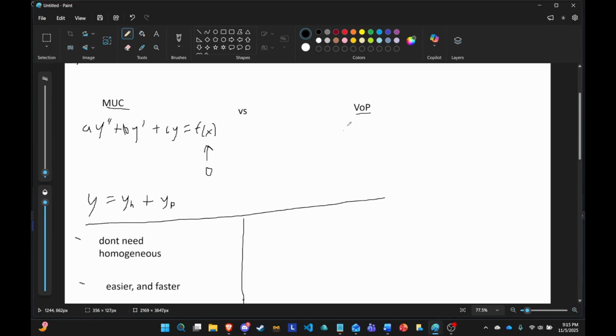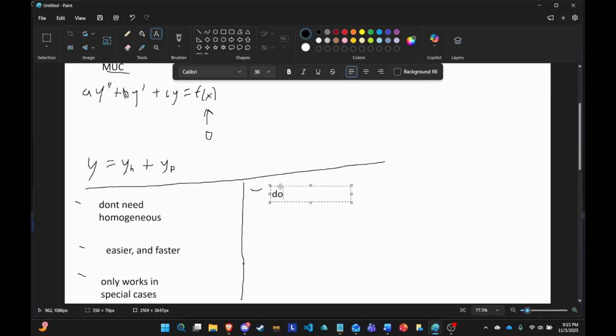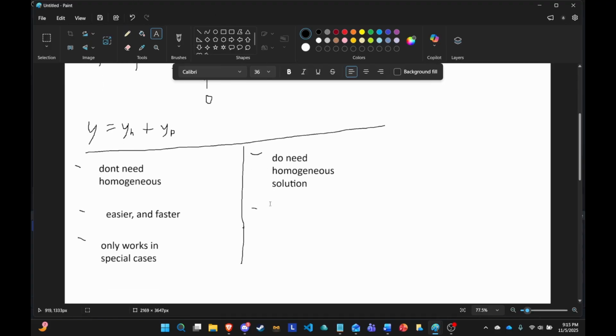And next, I want to talk about variation of parameters and what that entails. For this strategy, you do need the homogeneous solution. Furthermore, it's definitely a little bit harder and takes longer to do.